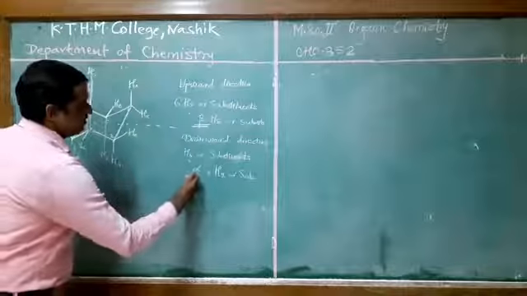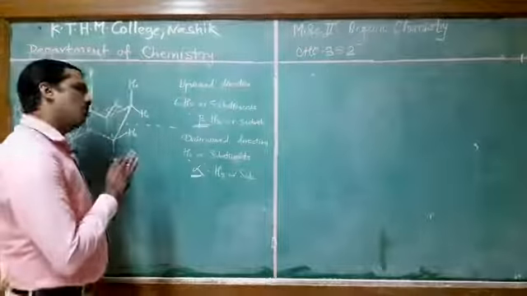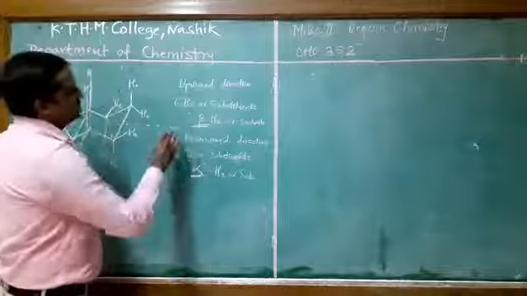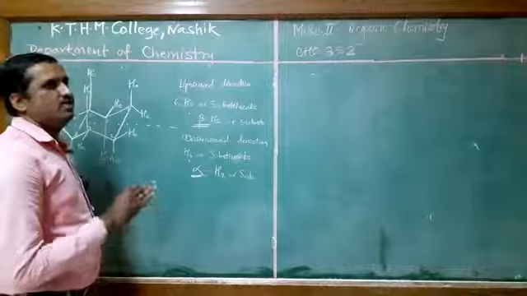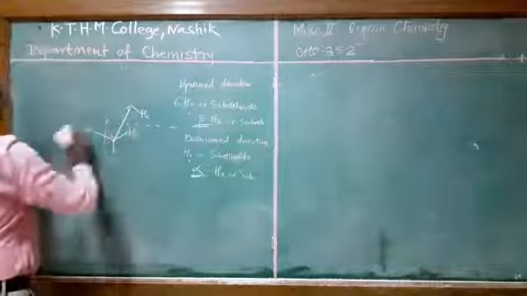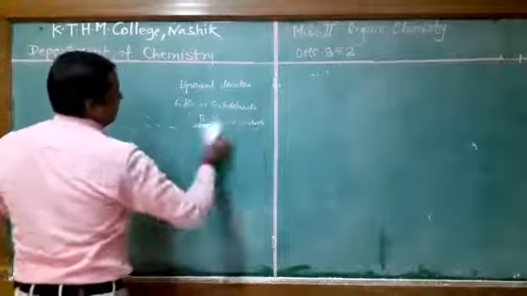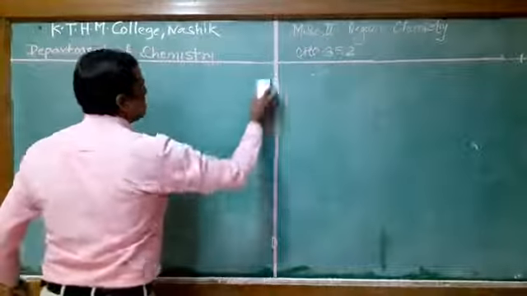Remember, those in downward direction are alpha hydrogens or substituents, and those in upward direction are called beta hydrogens or beta substituents. Okay, these basic things are very important when we observe the complex structures of related cyclohexanes.